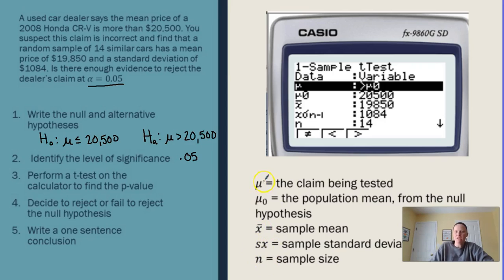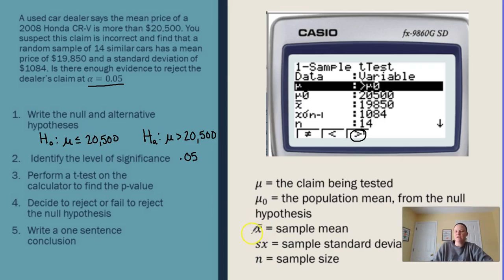The options are not equal to, less than, or greater than. That's going to come from our claim. What is our claim? Here he says the claim is that the mean price is more than, so we would select greater. The mean null comes from the null hypothesis, so our mean that we're testing is 20,500.